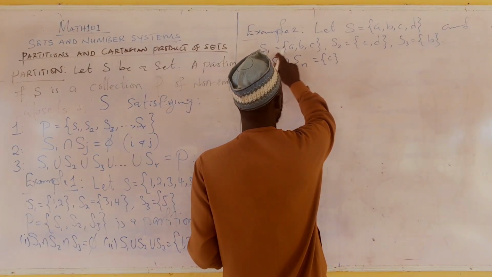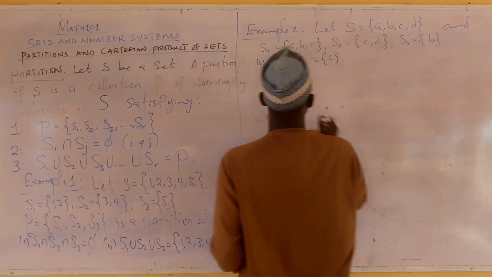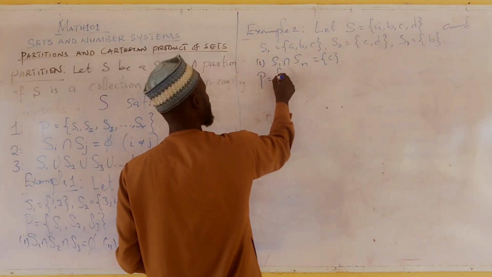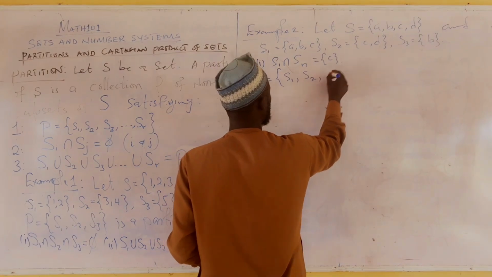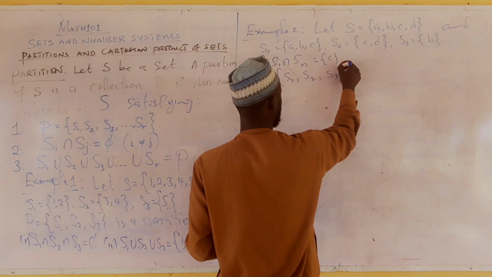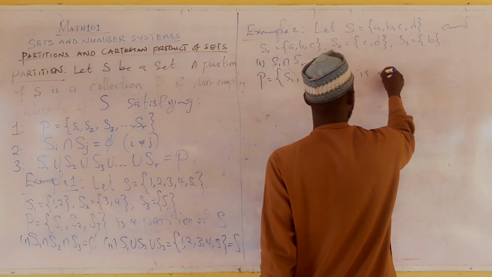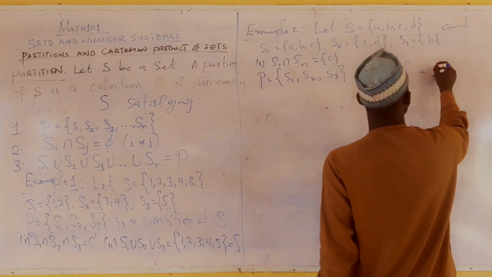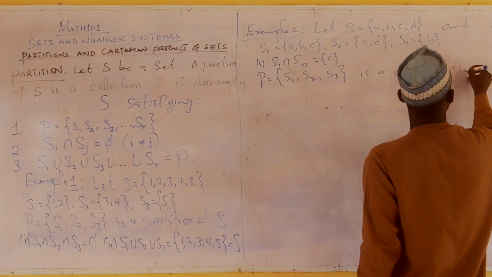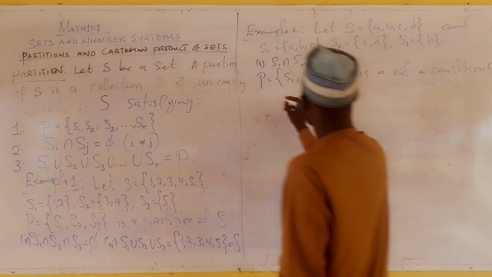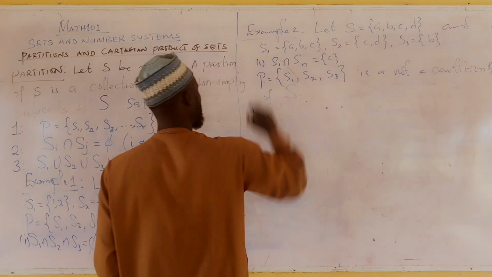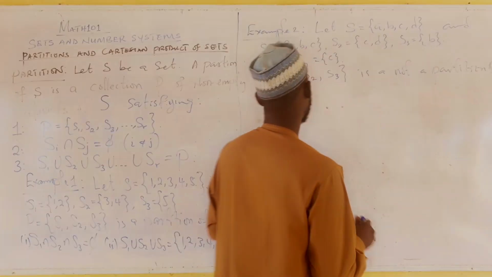Therefore the collection P containing S1, S2, and S3 is not a partition of the set S.